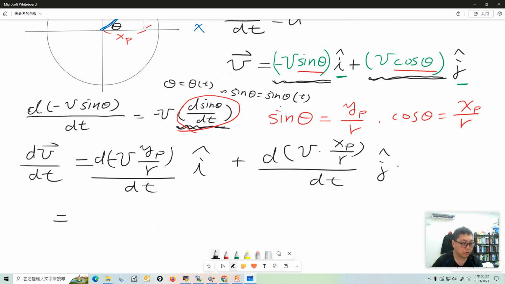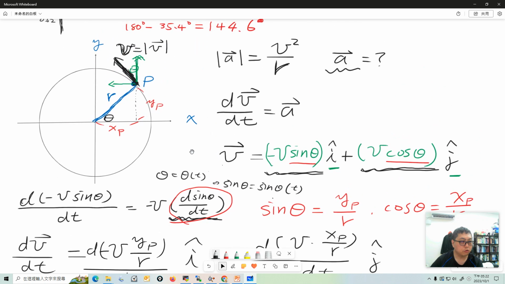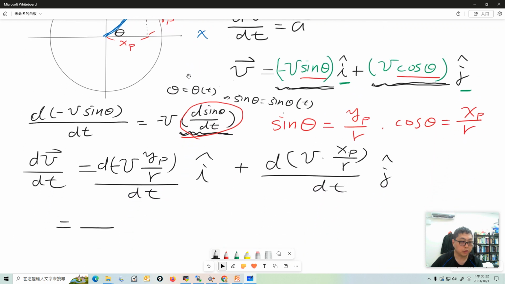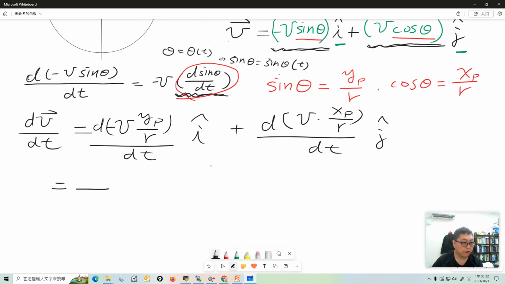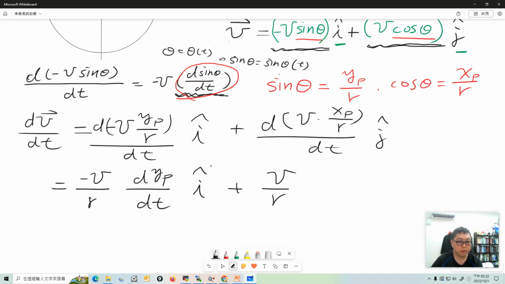Yes, if you're smart, you'll think it's helpful, because v and r are constants. In uniform circular motion r is a constant, and like I said, the magnitude of velocity is also a constant. So we can factor them out, and we have the derivative of the y component of position, plus the derivative of the x component of position.